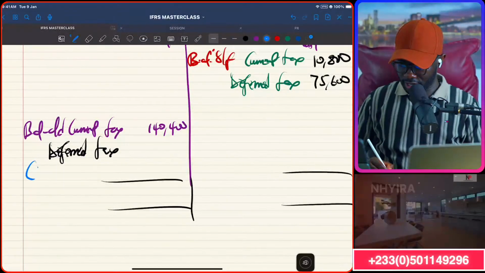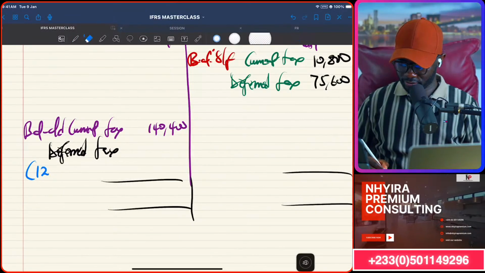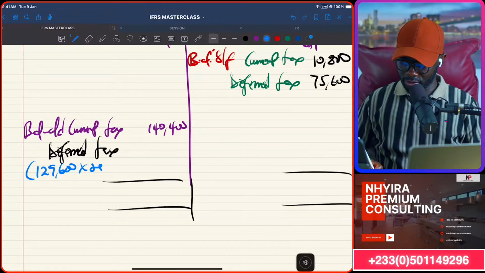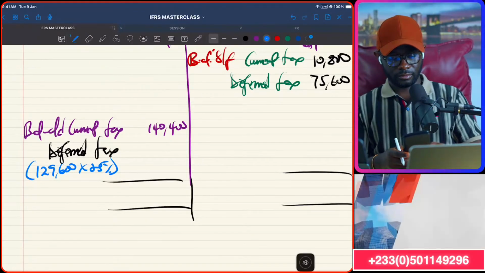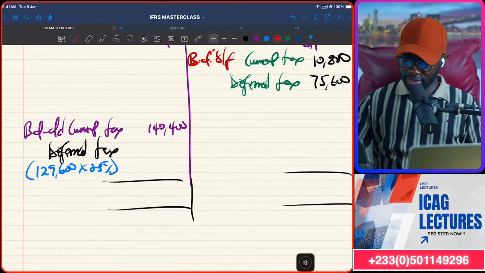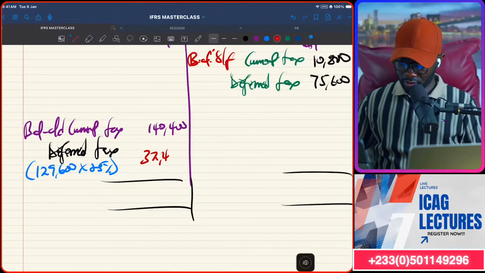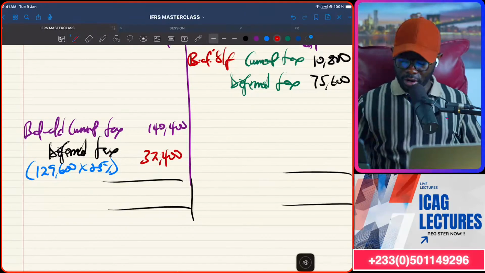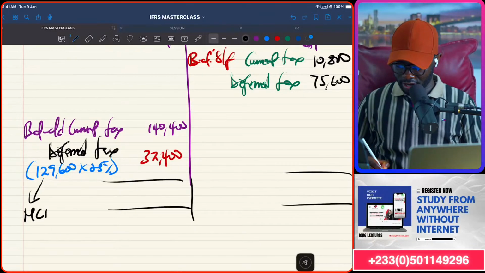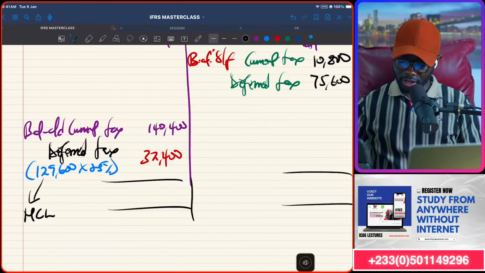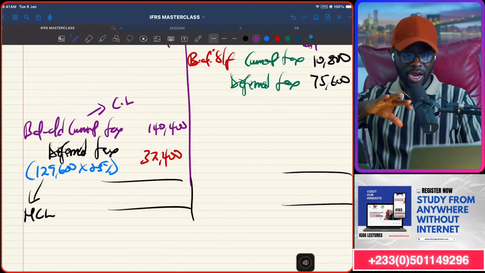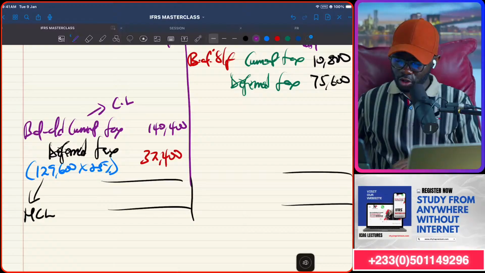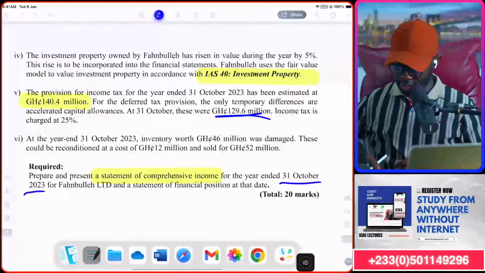So we're going to calculate that. 129,600 times 25%, and that is 32,400. So remember, this deferred tax is non-current liability on the face of the statement of financial position. The current tax will go under current liability on the face of the statement of financial position, right? Principles. So that is all about the deferred tax issue.